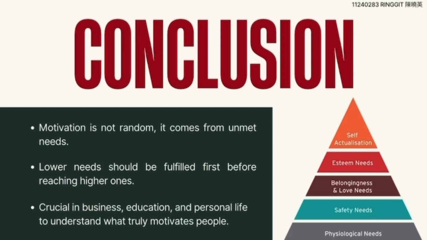So in conclusion, Maslow's hierarchy of needs helps us understand that motivation is not random. It comes from unmet needs. People move step by step, starting from the most basic survival needs and progress towards self-actualization as each level is satisfied. So when lower needs are met, people can focus on higher goals, unleash their full potential, and ultimately become the best version of themselves.